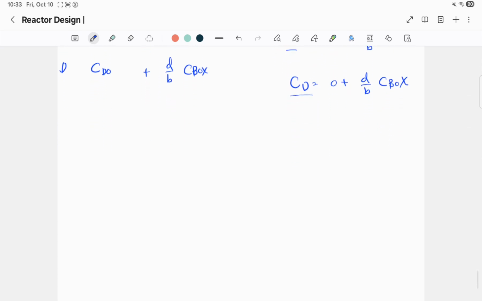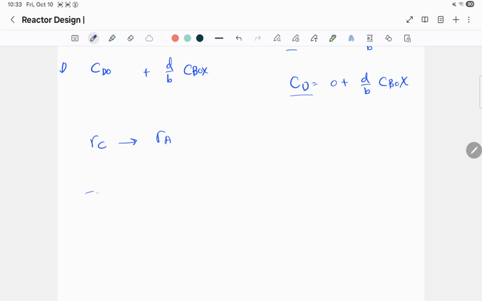Another thing I want to go over is the reaction rates. So how to convert the reaction rates in terms of another reaction rate. So for example, in a problem statement, if you're given the reaction rate of C and you want to convert it to the reaction rate of A because all your initial conditions and givens are in terms of A. So how can you do that?